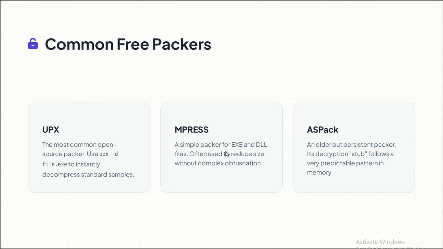There are common free packers developed by communities, like UPX, the most common open source packer, used for compressing and decompressing standard samples. And Mpress is a simple packer for executable files and DLL files, often used to reduce size without complex obfuscation.